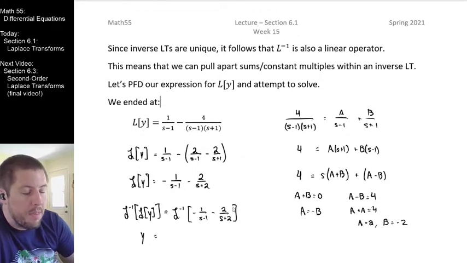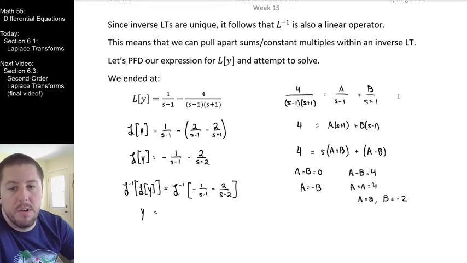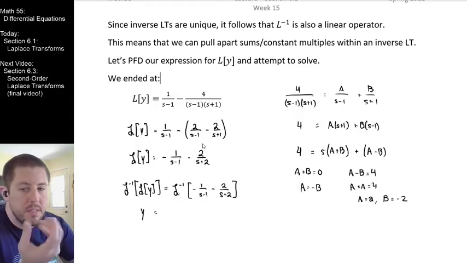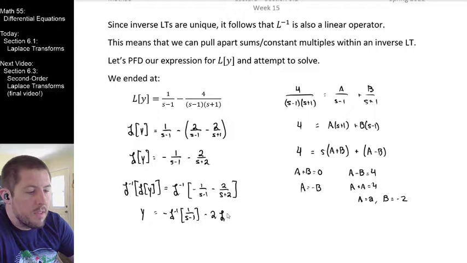But I'm going to do the typical things that I would always do in a calculus setting, which is say, oh, those constant multiples don't affect my calculus. Sums and differences, we can split them up over that. So I think I want to write this as negative Laplace inverse of 1 over s minus 1 minus 2 times the Laplace inverse of 1 over s plus 1.